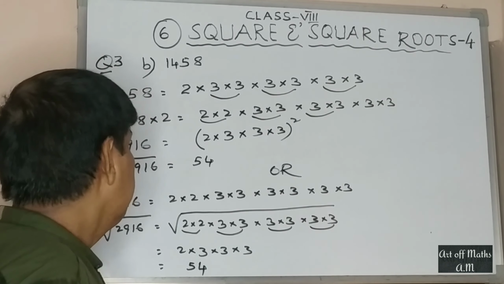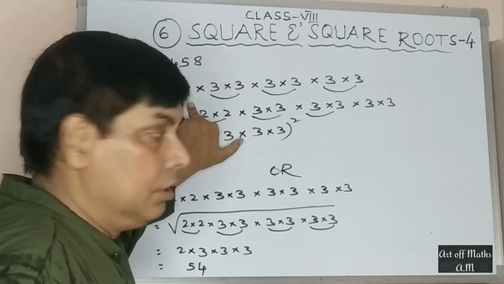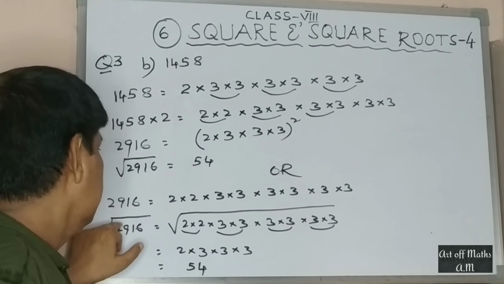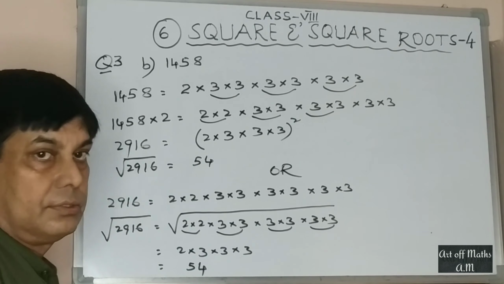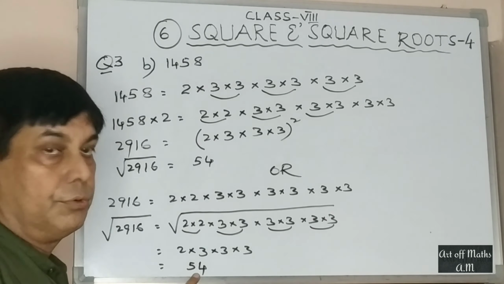Now conclusion: 2 is the smallest number by which we should multiply the given number to make it a perfect square number, 2916, whose square root is 54.